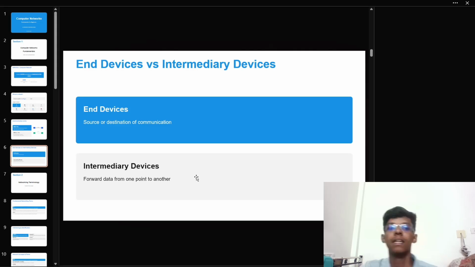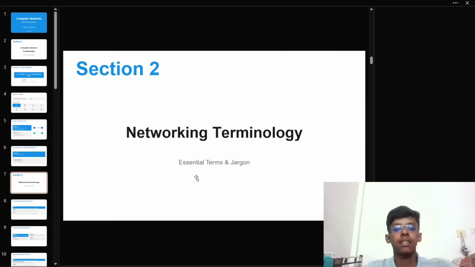Okay. So the next thing is network terminology. As a computer network student, as I started learning computer networks, I came across some difficulties. Networking has its own vocabulary, its own jargon.